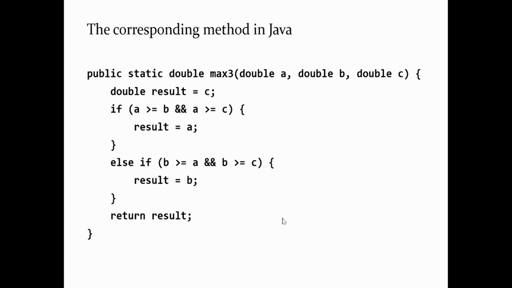And then everything else is the same. Conditions must appear inside parentheses, which is not the case in Python, although I think you're allowed to put them in parentheses in Python. In Java, they have to be inside parentheses.